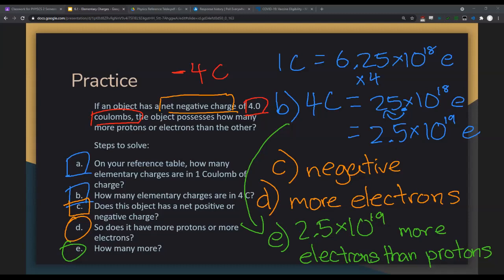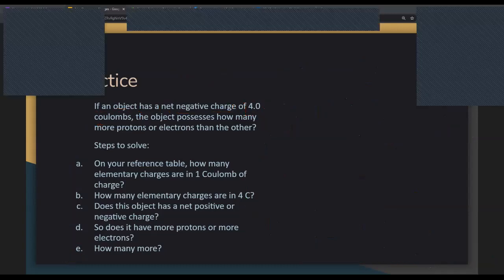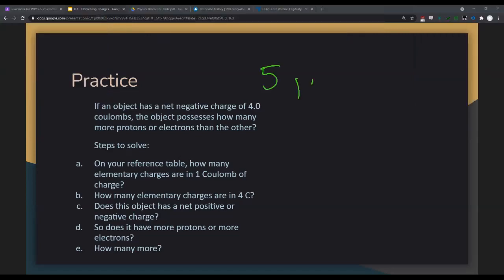Also, I want to clarify something. Some students might be confused. A student asked me in a previous class, how exactly many protons and electrons do you have then? That's not what this problem is describing. Think about it, guys. Let's say I have 5 protons, 7 electrons.